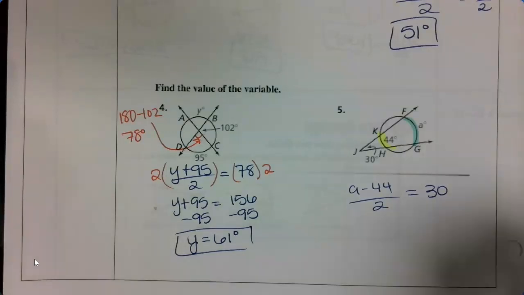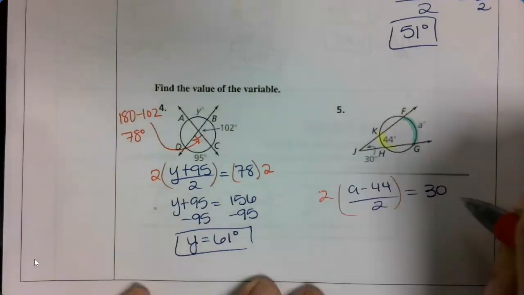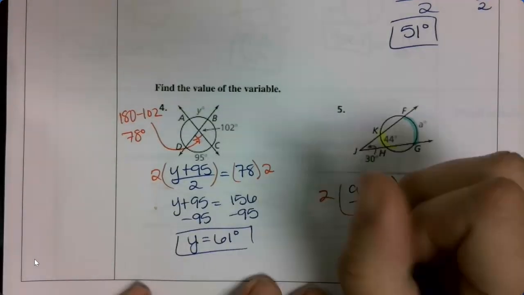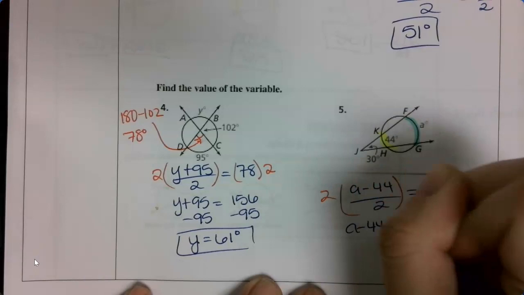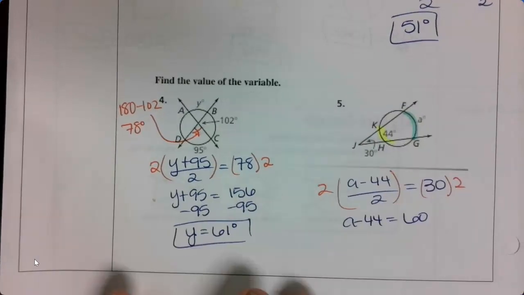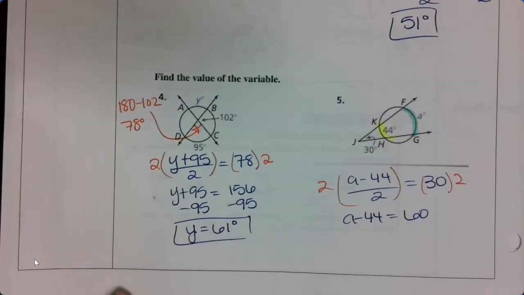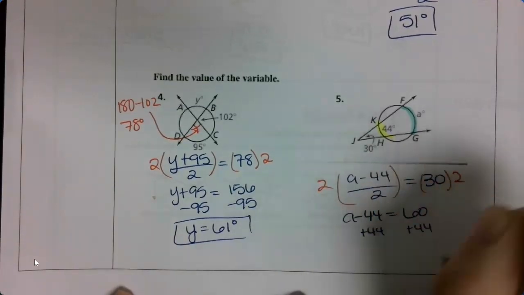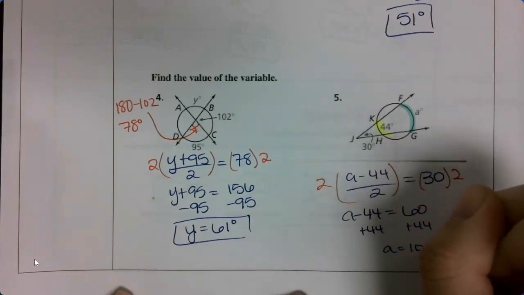So first step here is multiply both sides by 2. And then I get a minus 44 equals 60. And then I add 44 to both sides. I get that a is 104 degrees.